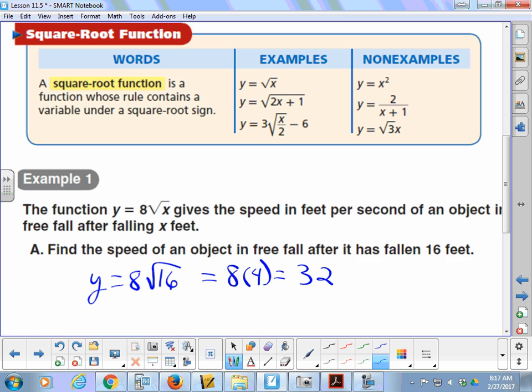So the square root of 16 is 4, so 8 times 4 is 32 feet per second.